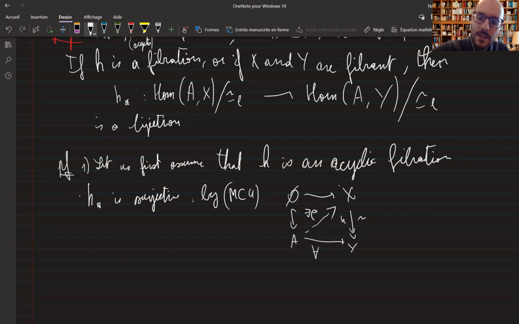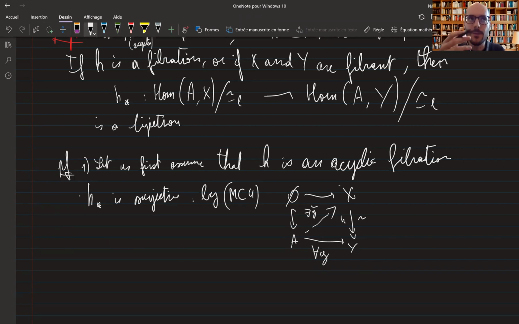And so for any g from A to Y, there exists an actual g bar from A to X, which is mapped to g under composition with h. And this is on the nose.